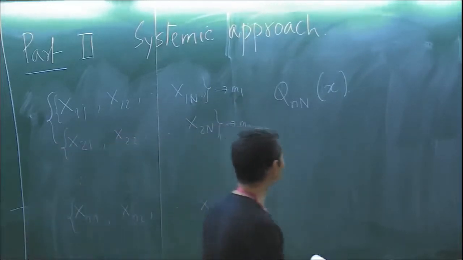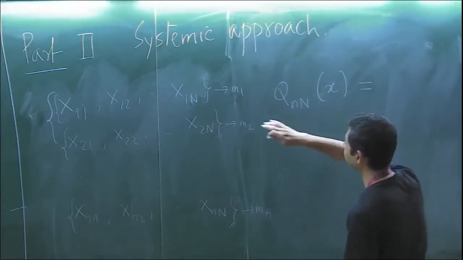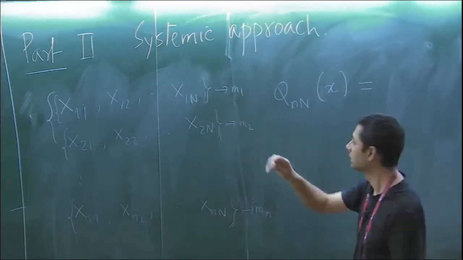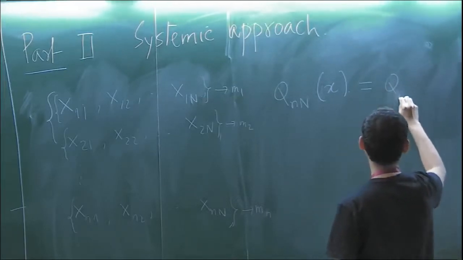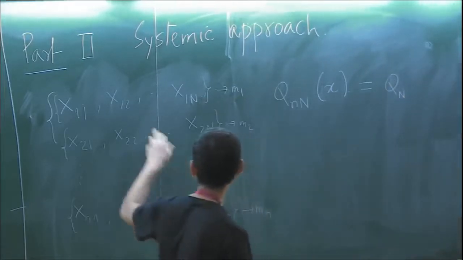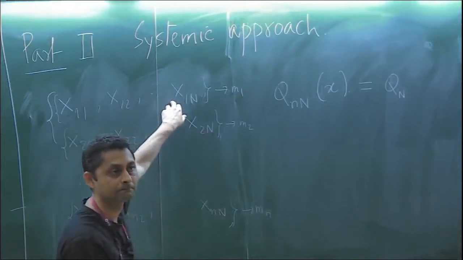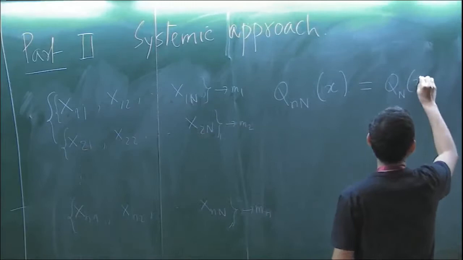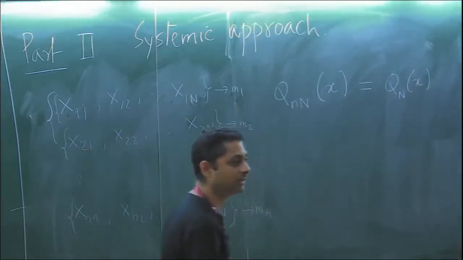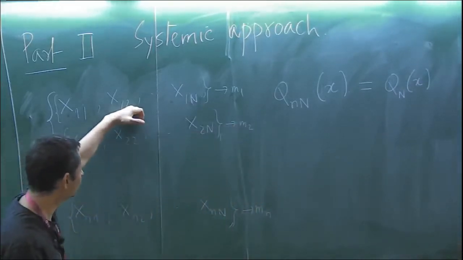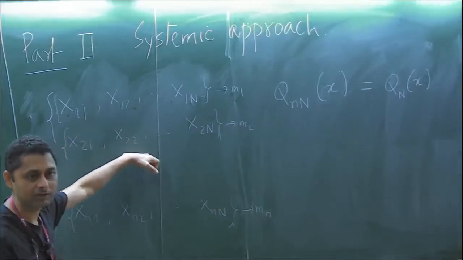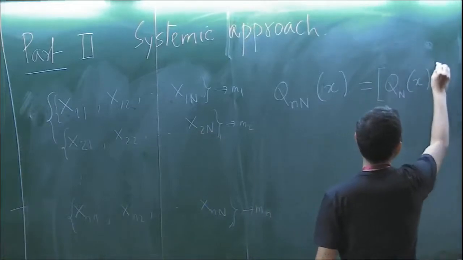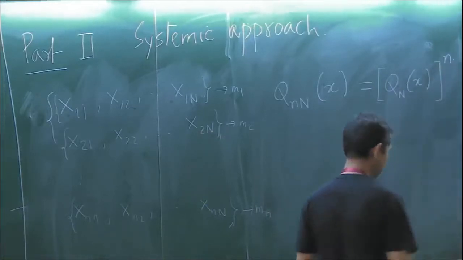In our notation, the probability that the maximum of one block is less than x is Qn, and similarly for another one. There are n of them, so this is to the power n. Do you agree with this?